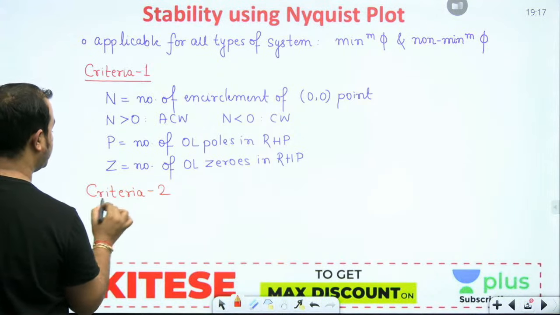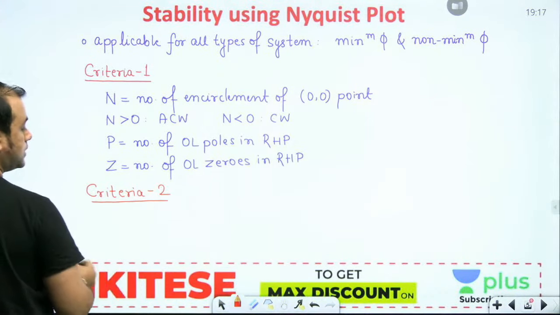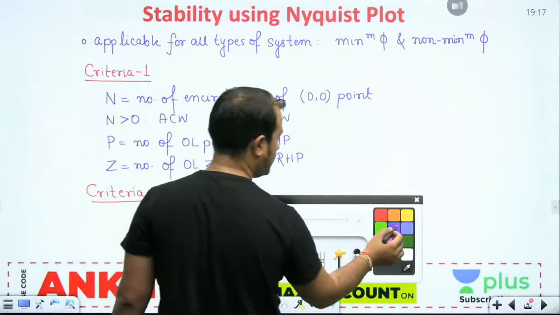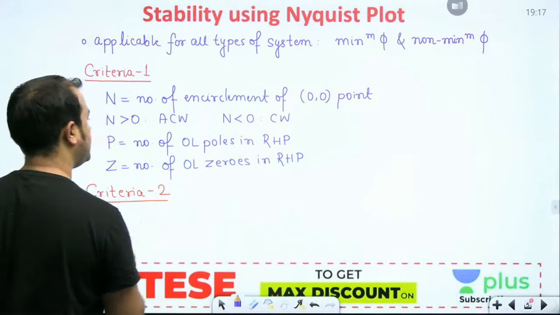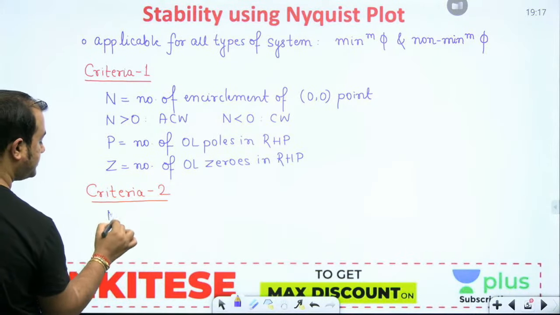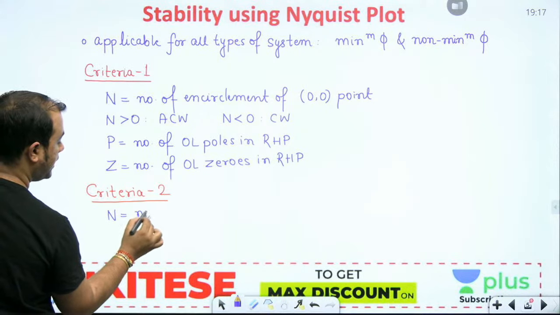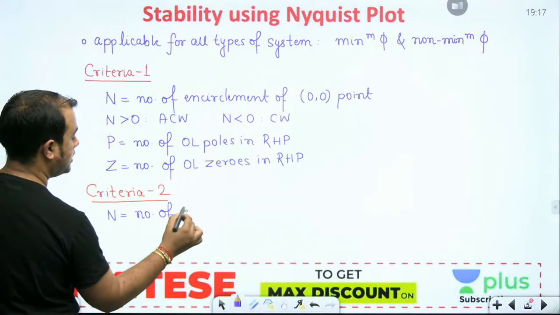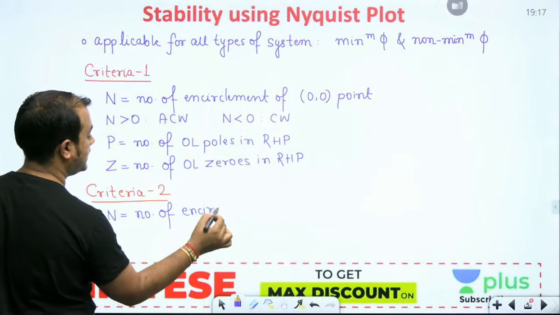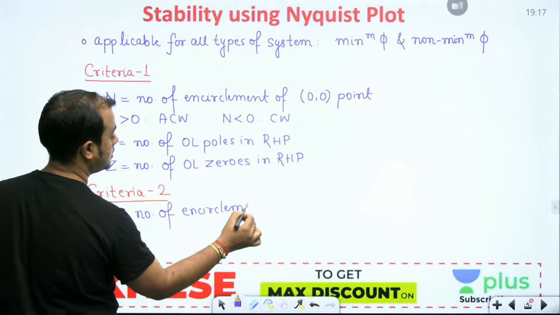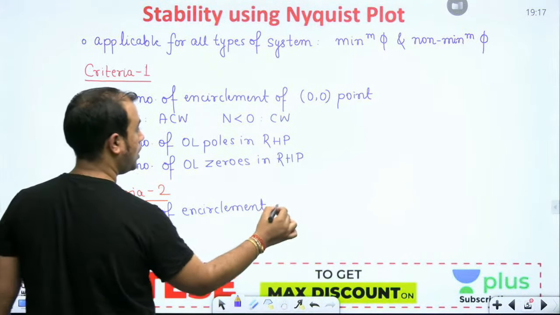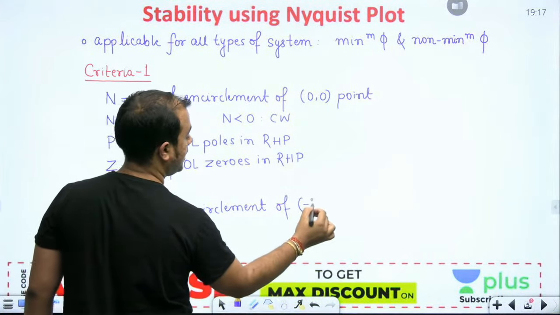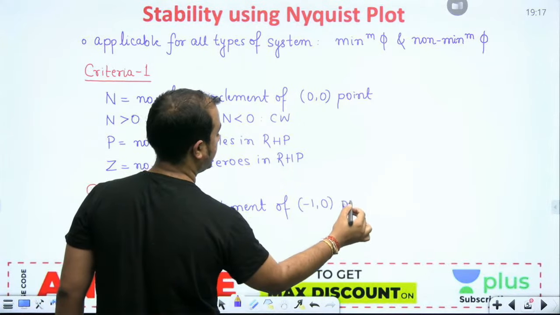Now criteria number 2. N is the number of encirclements of the -1, 0 point.